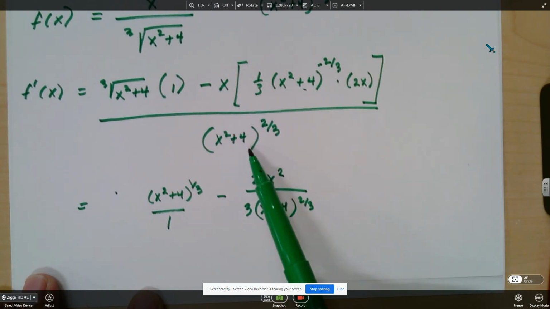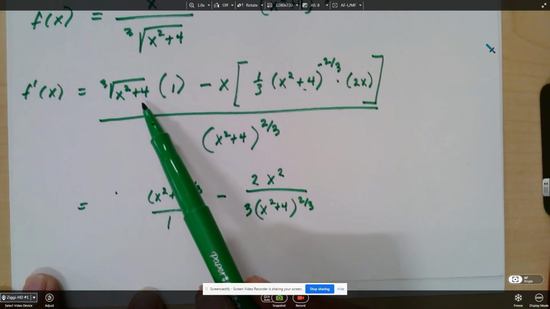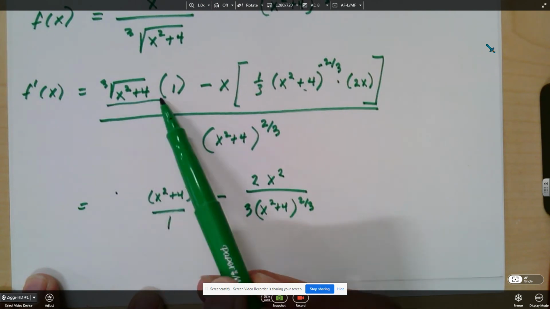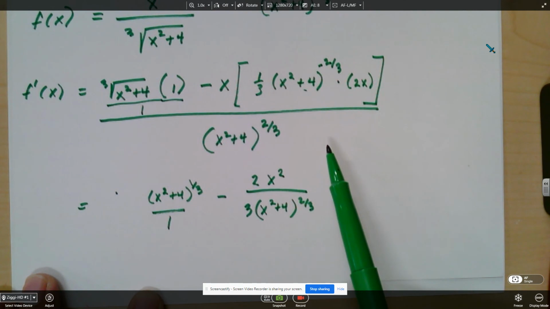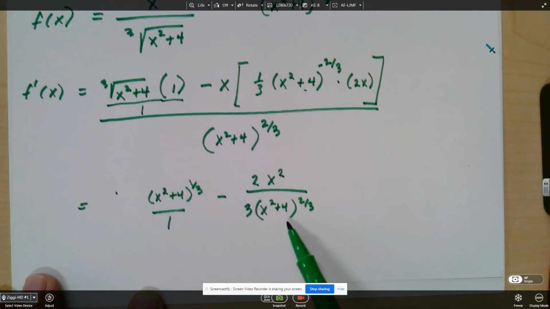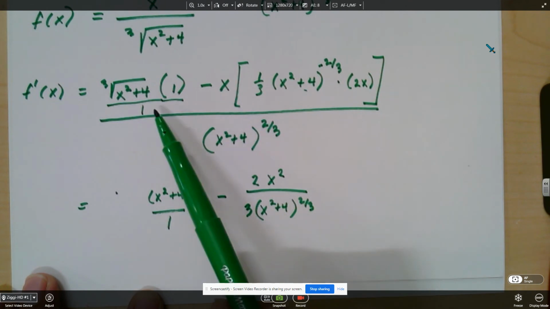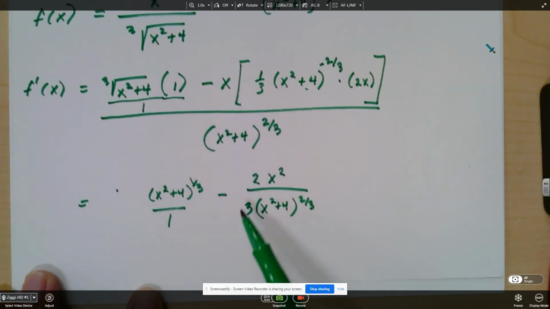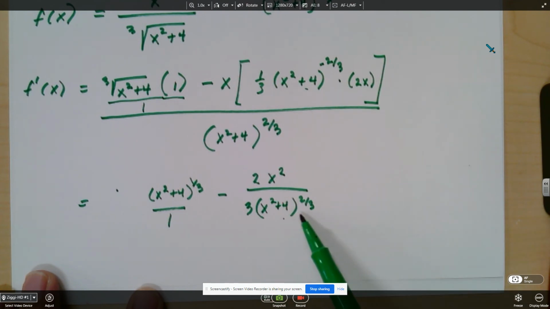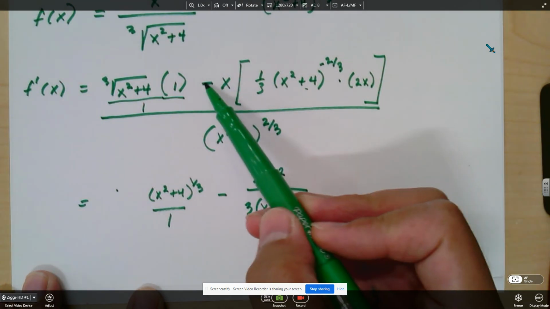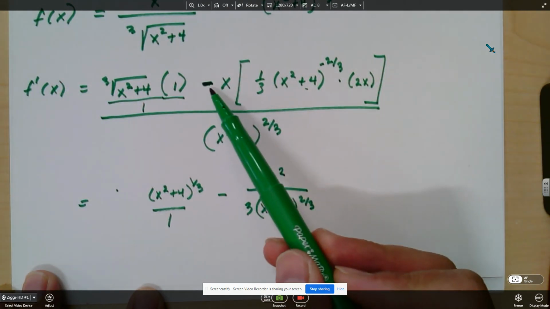This one? Like that? As in, when you read it, x squared plus 4 to the 2/3 has that thing. So when you do those two equations, x squared plus 4 is to the power 1/3. Why is the denominator of that equation not x squared plus 4 to the power 2/3? Oh, because it's separated by a minus right here.